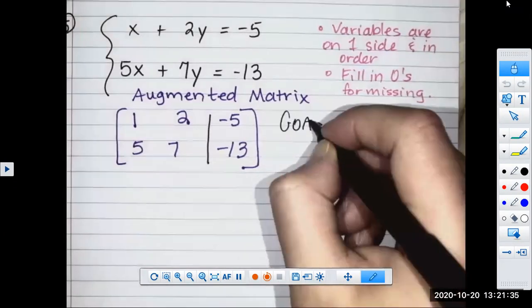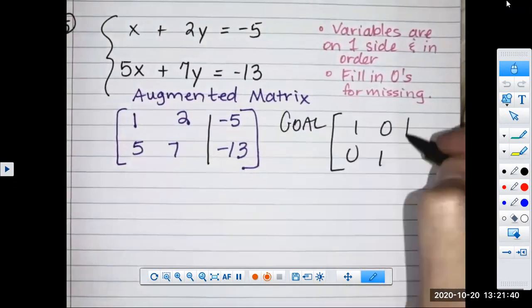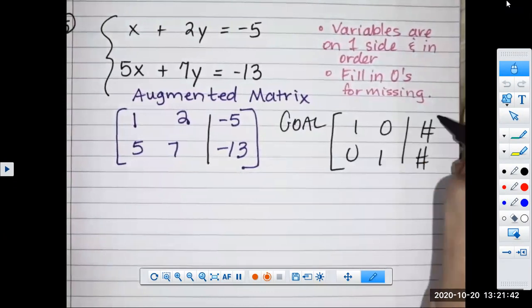So your goal, your answer will look like this, and you'll have some numbers out to the right.